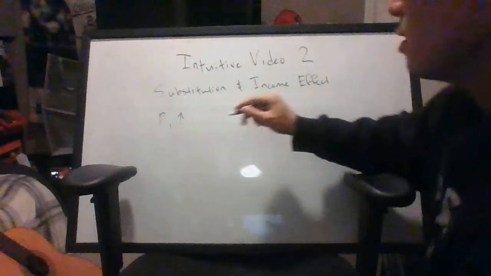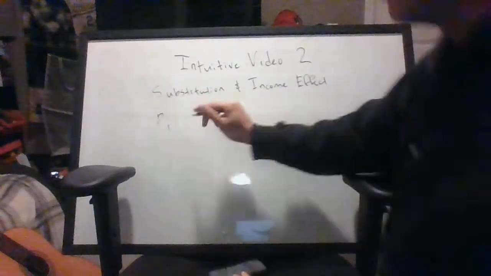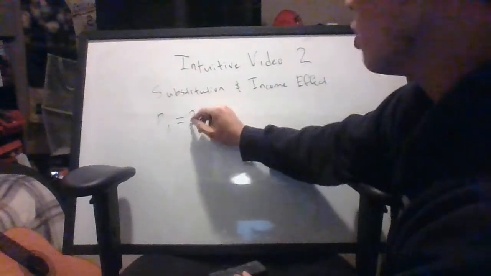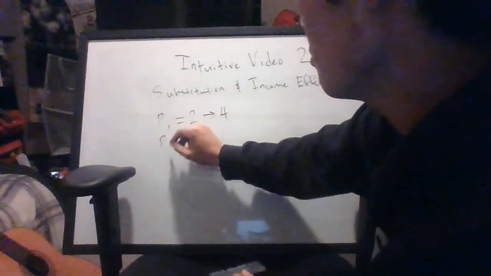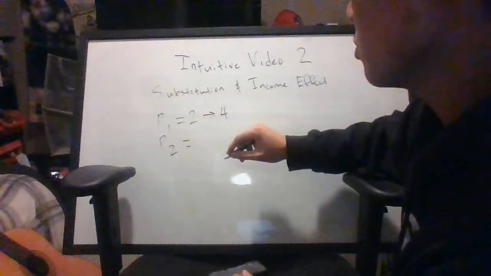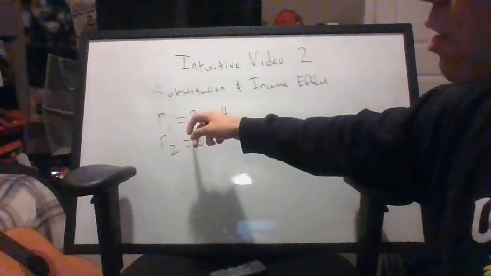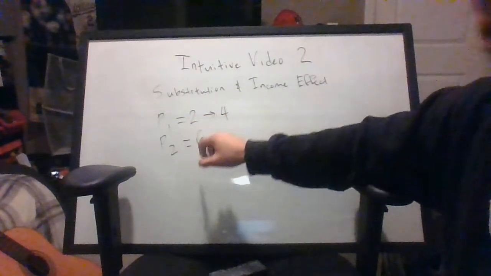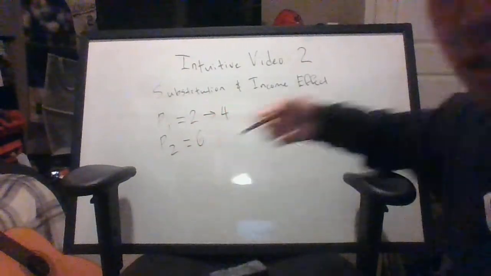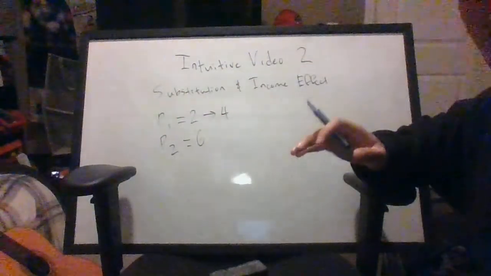Let's try to stick some numbers onto this. Let's say that P1 is originally 2, but now it goes to 4, and let's say that P2 is equal to 6, right? P1, good 1, is still cheaper than good 2, but it's more expensive relative to what it was beforehand, right? So this is the whole substitution portion, okay?